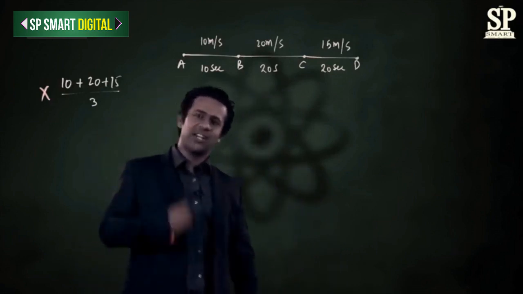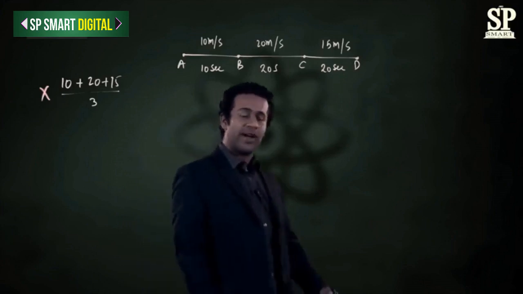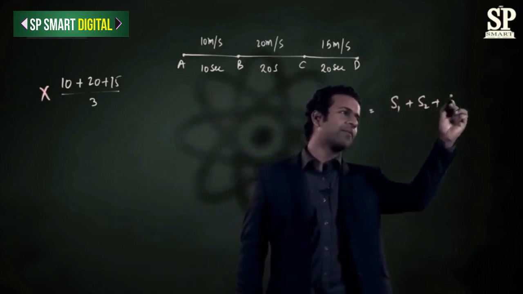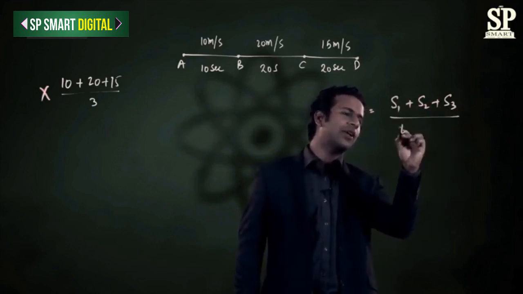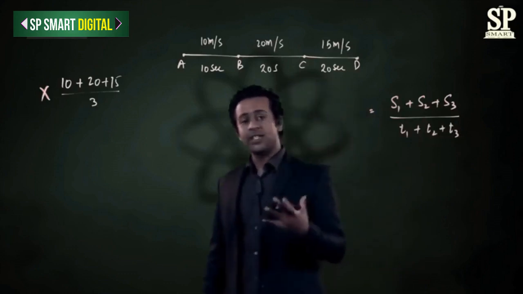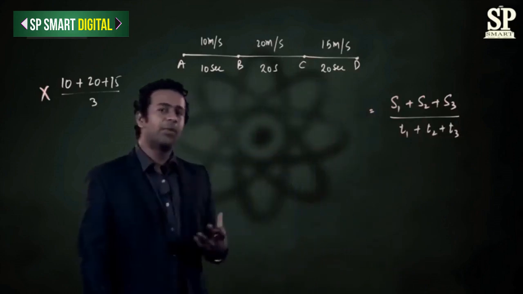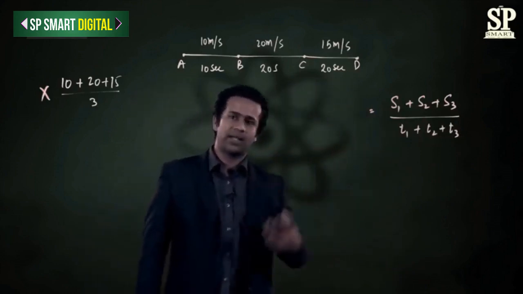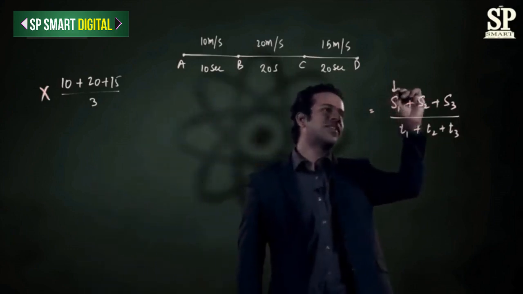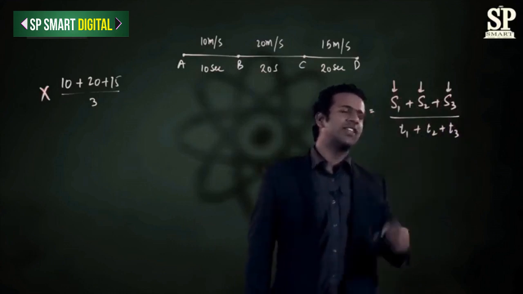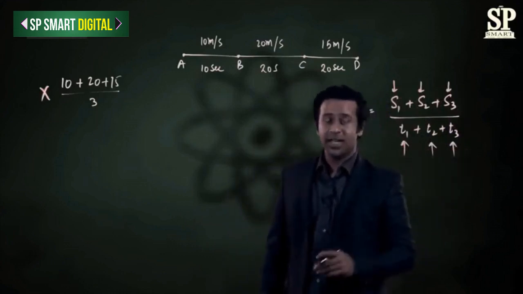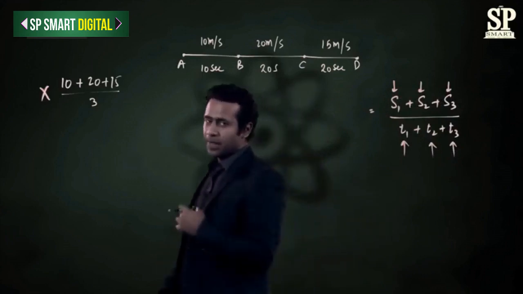Meanwhile, this is wrong, and the correct way to find average speed would be the total distance traveled divided by the total time taken. So we are using the same formula. I've only broken it down into 3 parts, right? So the total distance is the sum of the distance covered in each of these intervals, and the time taken is the sum of time taken in each of these intervals, right?